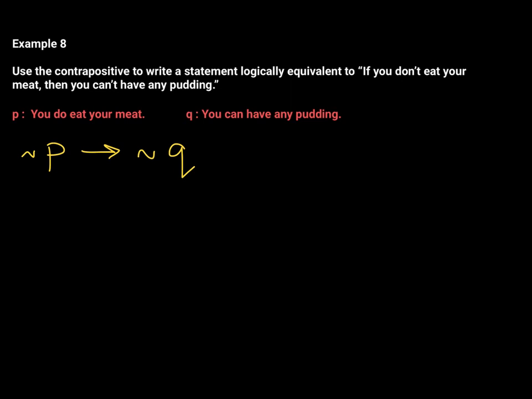So then the contrapositive will be the negation of the consequent, which is now the antecedent, then your symbol for a conditional statement, and then the negation of the antecedent is now your consequent.